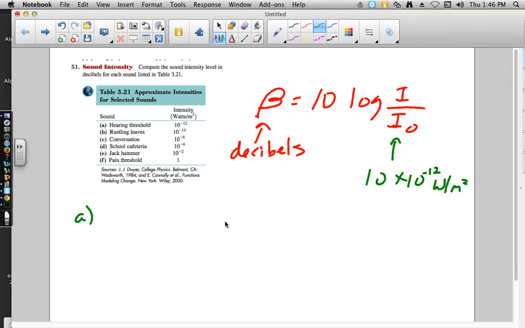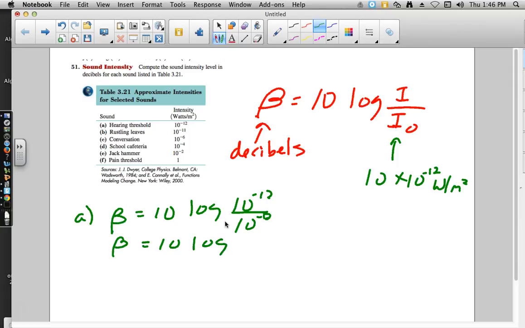So for A, that means we're going to put our 10 to the negative 12th into that formula. That'll be beta equals 10 logarithm of 10 to the negative 12th over 10 to the negative 12th, which is of course 1. So beta equals 10 times the logarithm of 1. Well, this is the logarithm base 10, and you need to think about snail shelling this and saying 10 to the something is 1.